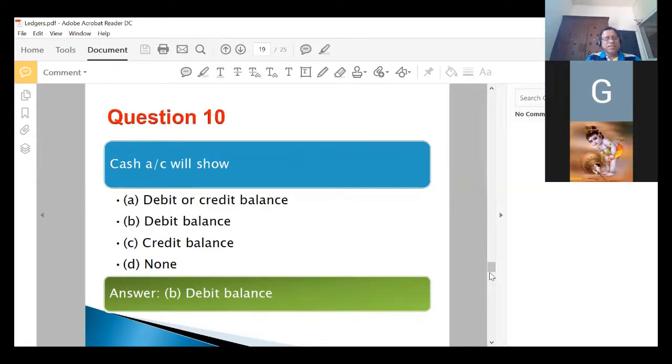The reason is what comes in is debit, what goes out is credit. It is a real account. If you have a cash balance, the cash coming in is higher than the cash going out. Receipts are higher than the payout. So cash comes in as debit, and we have a balance called debit balance.